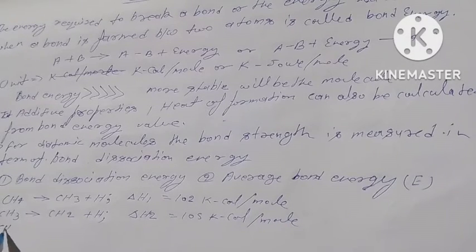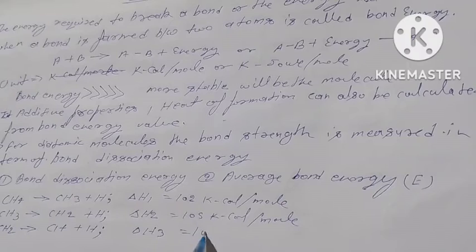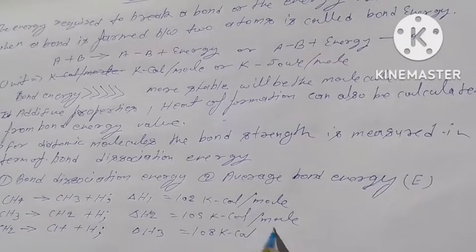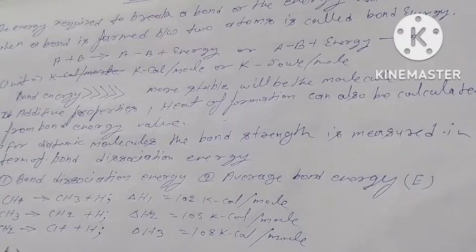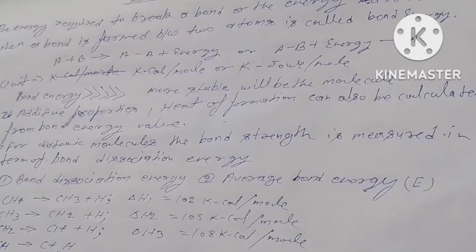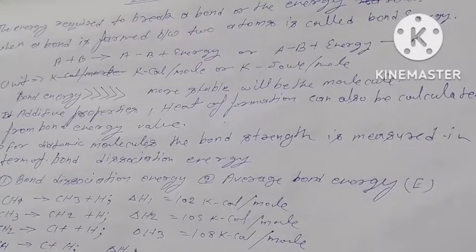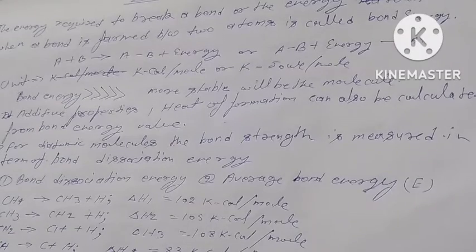And after some time, CH2 gives CH plus hydrogen, and delta H3 equals 108 kilocalorie per mole. And after some time, this CH is also converted into C plus H, that means carbon plus hydrogen, and this delta H4 is 83 kilocalorie per mole.